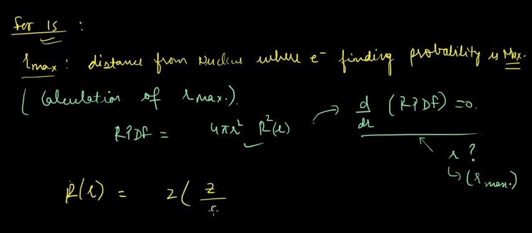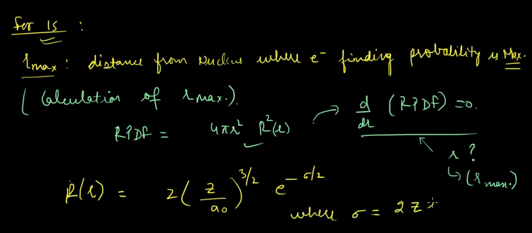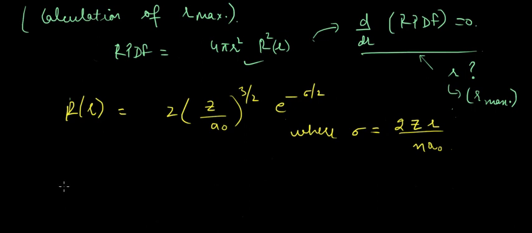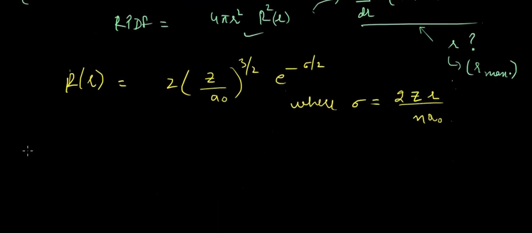If you remember from previous lectures, the value is e to the power minus sigma by 2, where sigma is 2zr upon n a naught. So just put the value into RPDF here. So d by dr of RPDF would be nothing but d by dr of the value of RPDF.